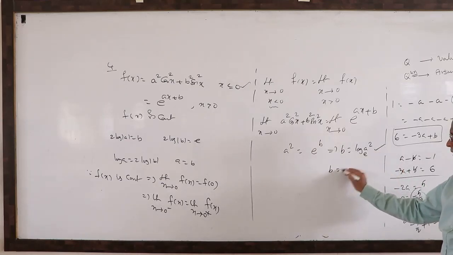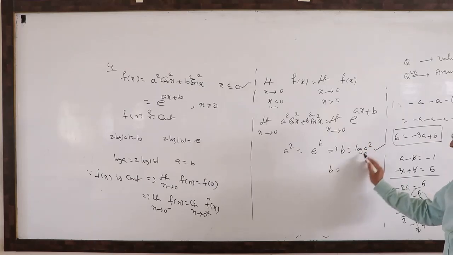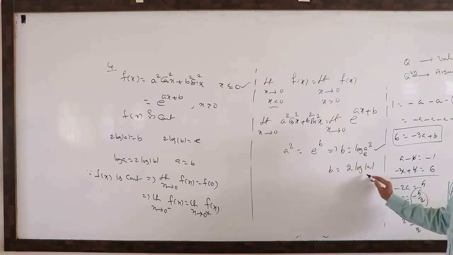But because of logarithm power rule here, we can multiply. Log a square means 2 log mod a. Strictly log must be positive. The log is defined for positive. So a cannot be negative. Since a square exists because a can be negative.